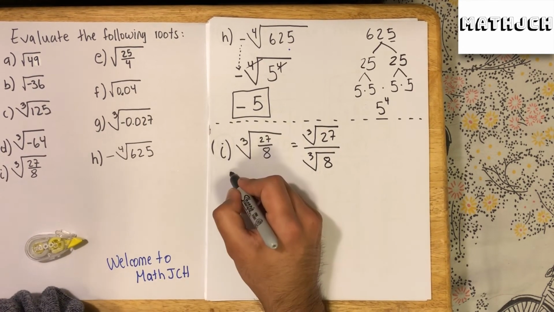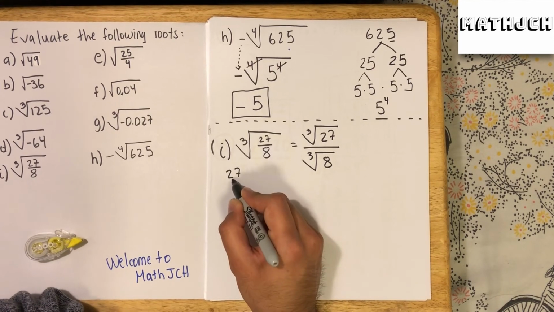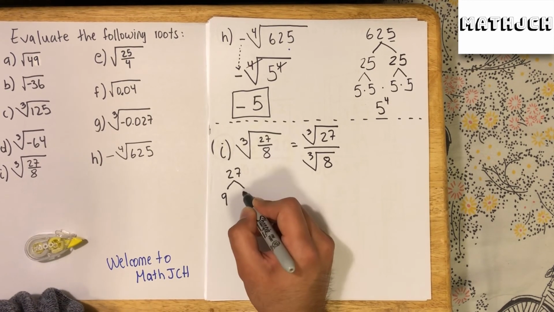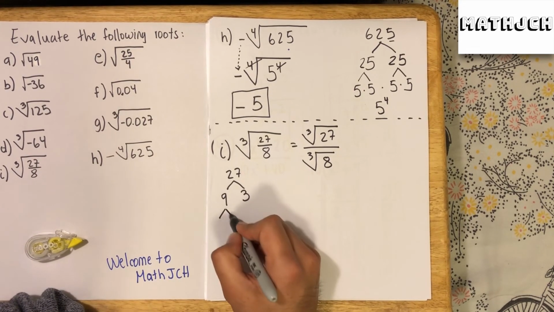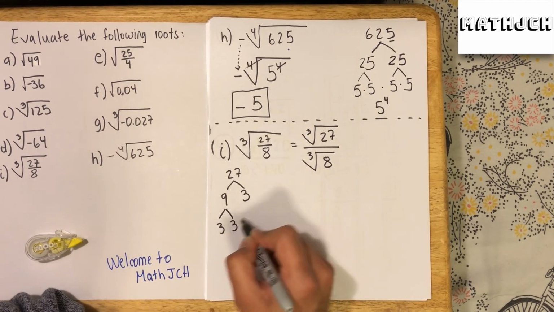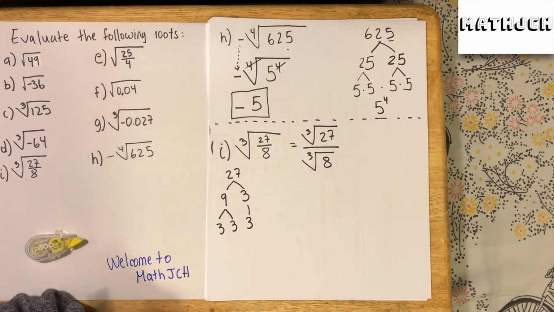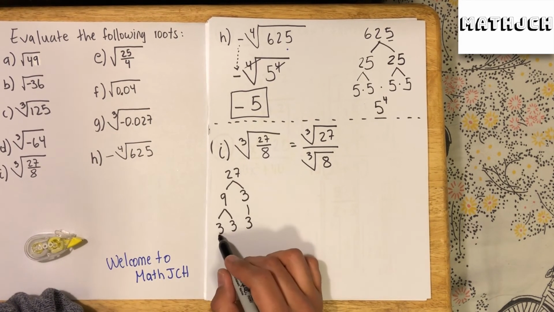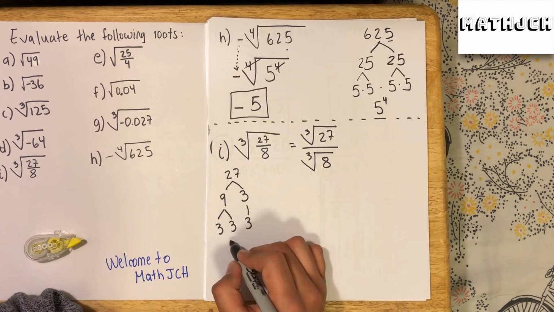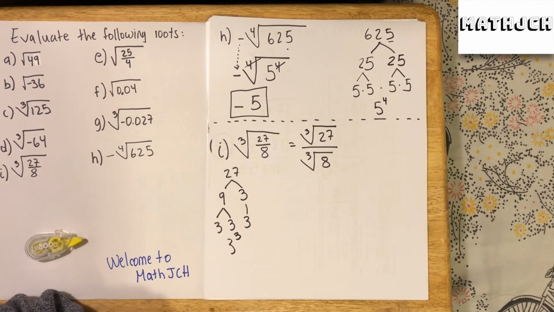Now we can do the prime factorization of each one. So 27, as we may know, is 9 and 3. And 9, we could further break it down as 3 times 3 and bring down the 3 from the first step. So 27 is basically 3 times 3 times 3, which is 3 to the power of 3.